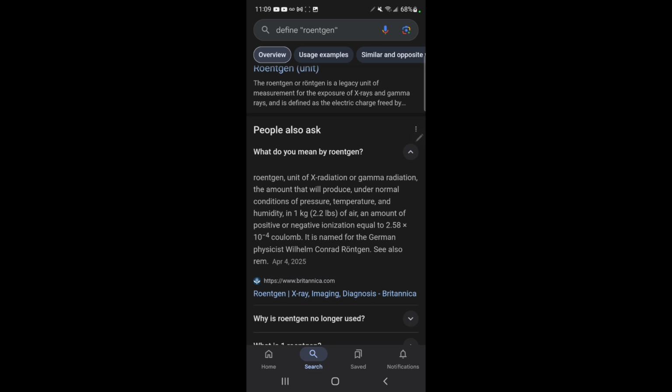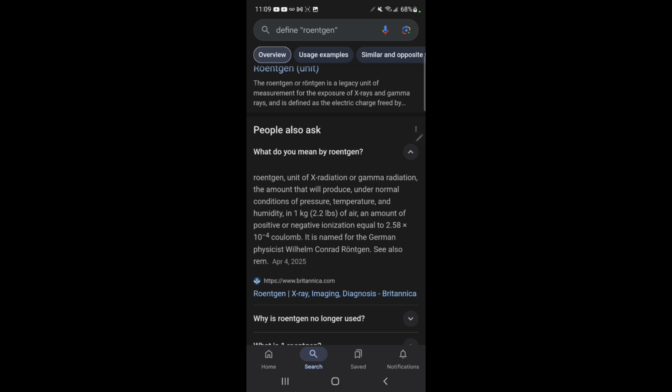Even these words we are saying, it would seem, are weighing us down. 2.2 pounds of air and an amount of positive or negative ionization is equal to 2.58 times 10 to the negative fourth power Coulomb. It is named for the German physicist Wilhelm Conrad Röntgen.